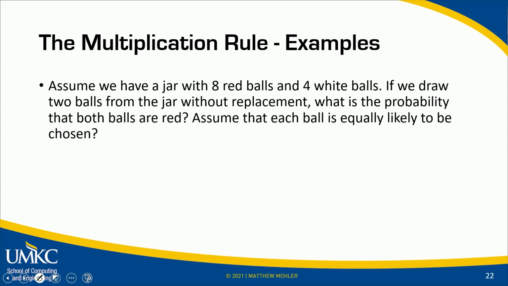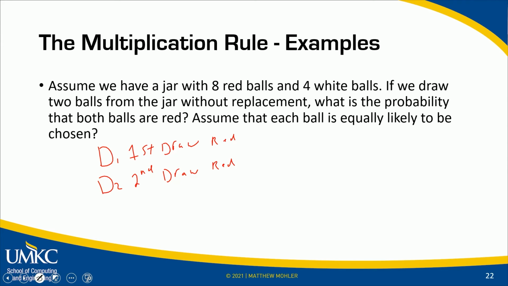We'll assume that each ball is equally likely to be chosen. So we have 2 events. We have an event D sub 1 that is that the first draw is red, and then we have D sub 2, which is that the second draw is red.